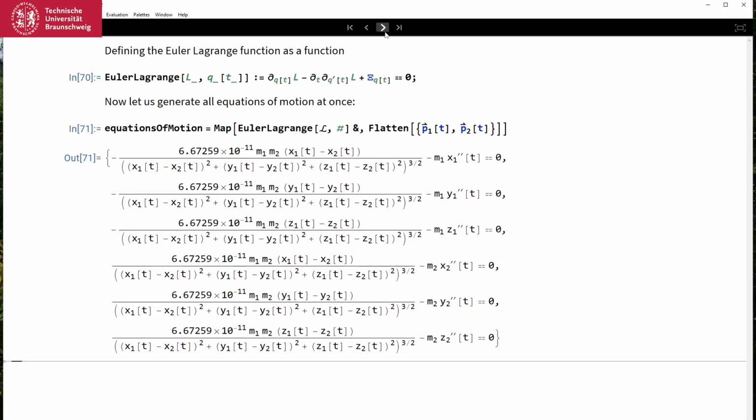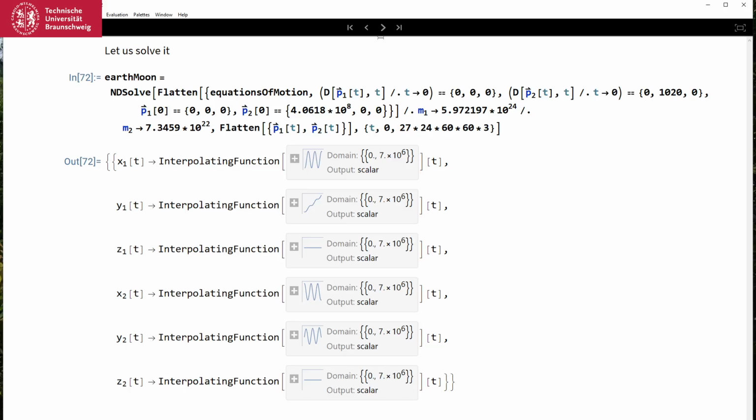So now if we want to solve them, we of course have to specify, so we'll have the equations of motion. Okay, so we have to do several things. Now we have a list of these equations of motion, but we have to attach initial and boundary conditions to them.